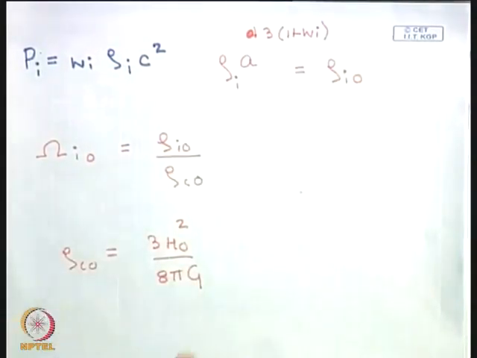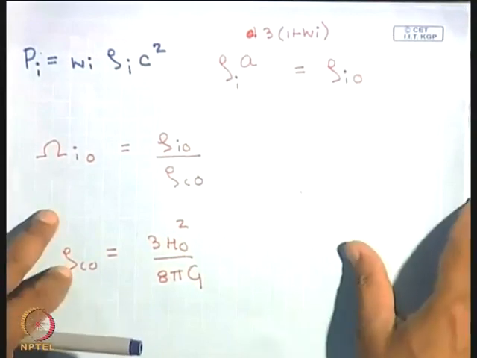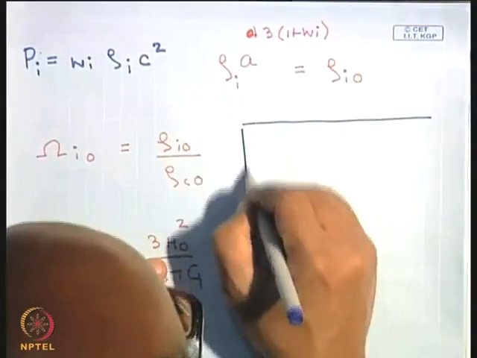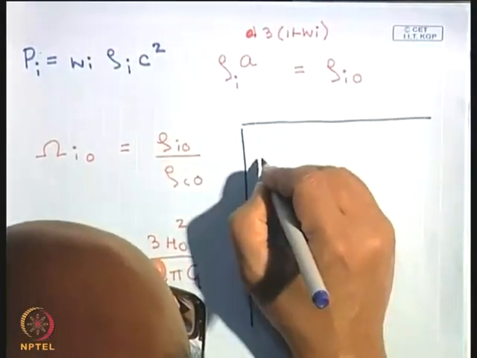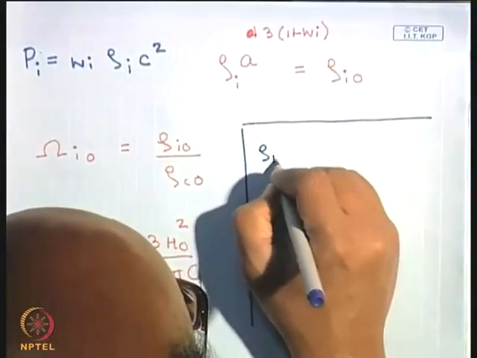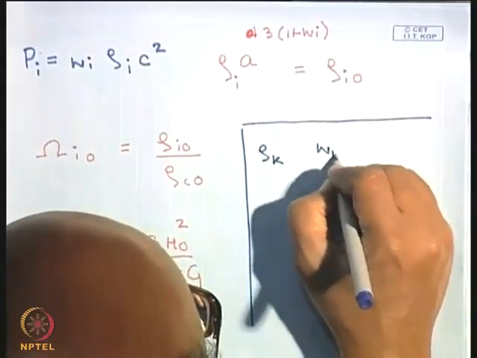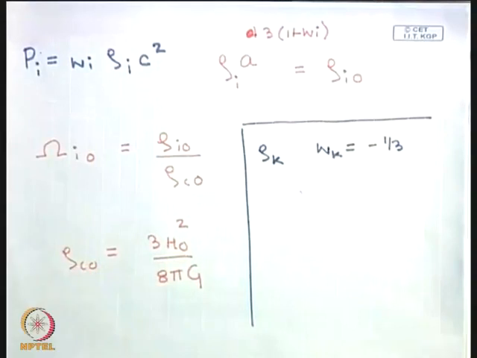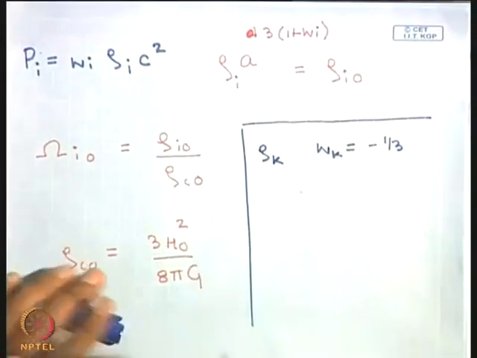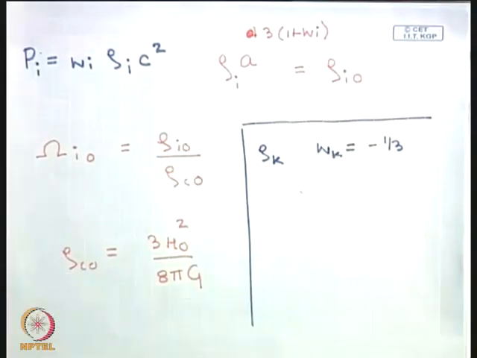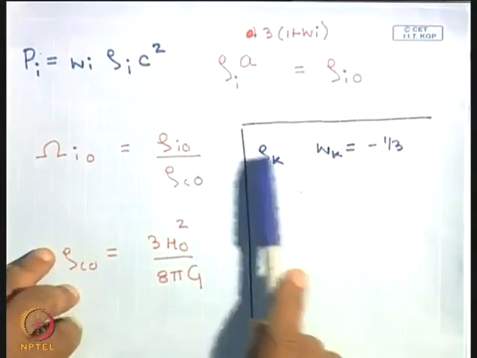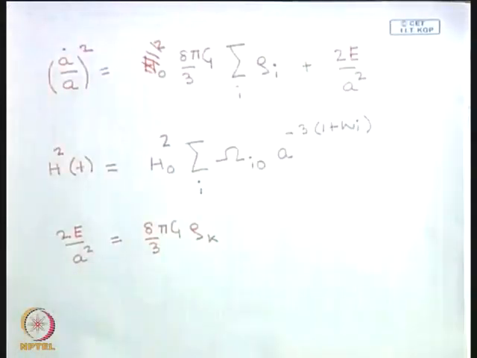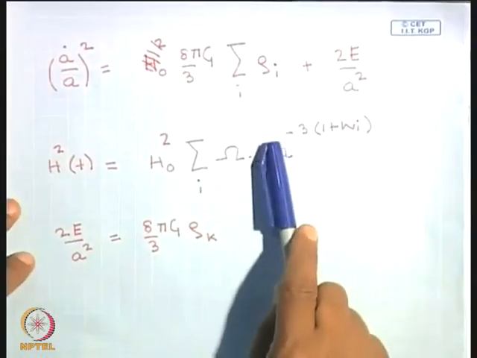Okay, so we have introduced this constant of integration, and we have represented it by a fictitious density called omega k, which has w k equal to minus 1/3. It is not really a density, it is a constant of integration, which in Einstein's theory can be associated with the spatial curvature. So that has gone into this already.